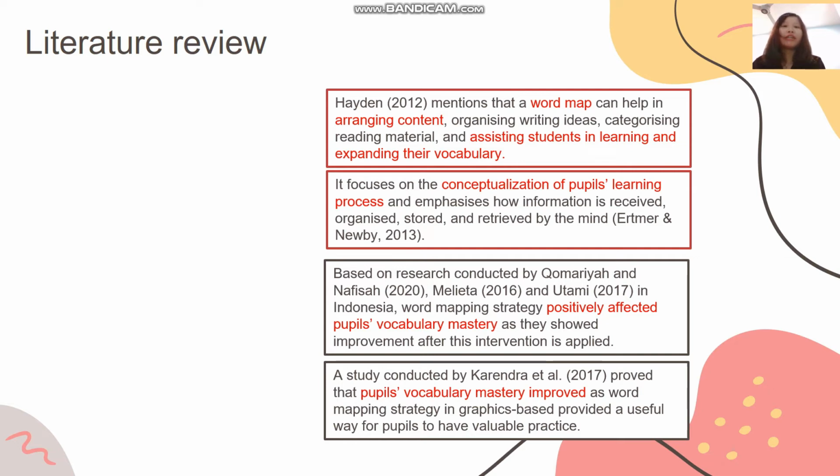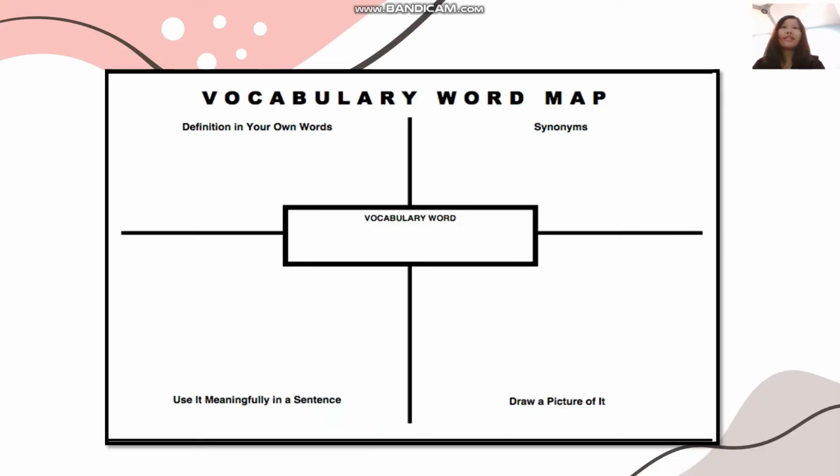And I found some studies from other countries that using word mapping strategy has positively affected pupils' vocabulary mastery, and they show improvement after the intervention is applied. So I would say that word mapping strategy can be a very effective way for pupils to enhance their vocabulary learning.